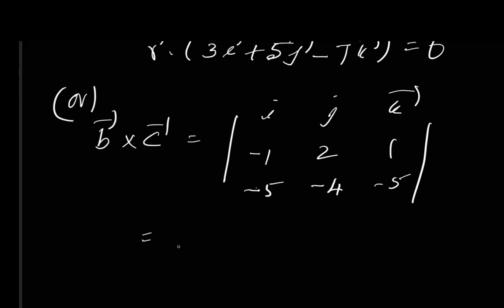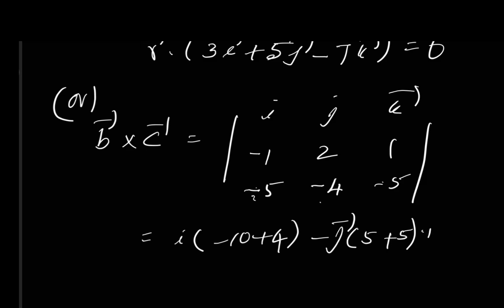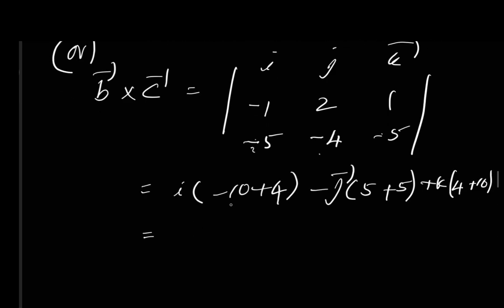So i into minus 10 minus 4, that is plus 4, minus j into, leave off this column, so plus 5, minus of minus 5, that is plus 5, plus k into plus 4 minus 10, that is plus 10, is equal to minus 6i minus 10j plus 14k.